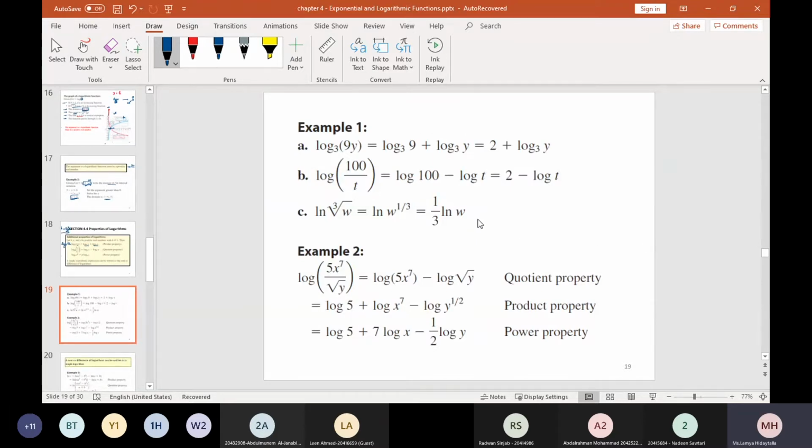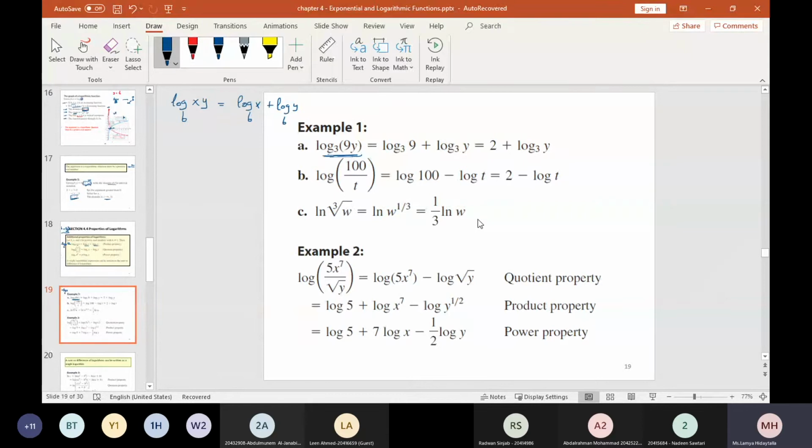We have log 9y to the base 3. If he says simplify this one, I'll write it as an addition of 2 logarithms. What does the rule say? Let's put the rule in front of us: log of x times y to the base b is equal to log the first to the base b plus log the second to the base b.